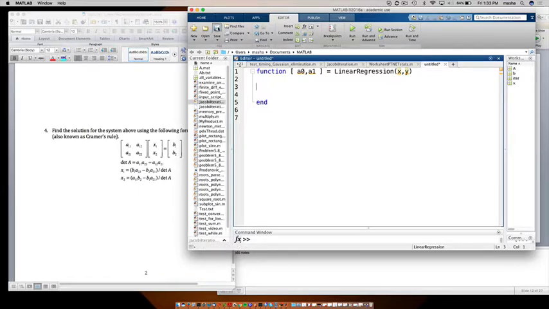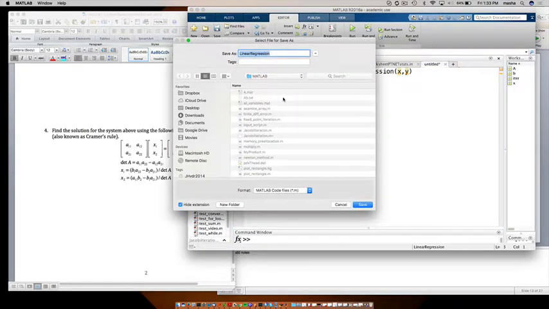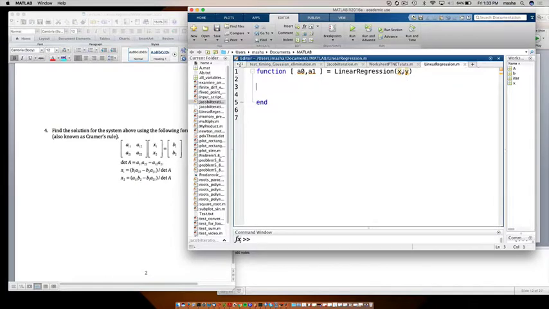So this is how the function should look: it should have vectors x and y as input, and it should give back A0, A1.